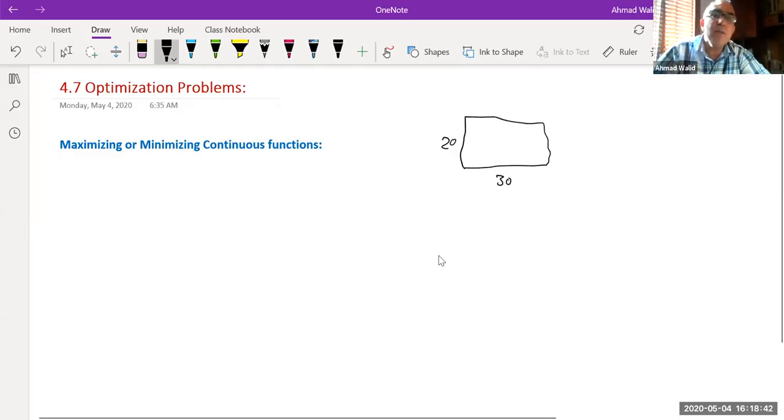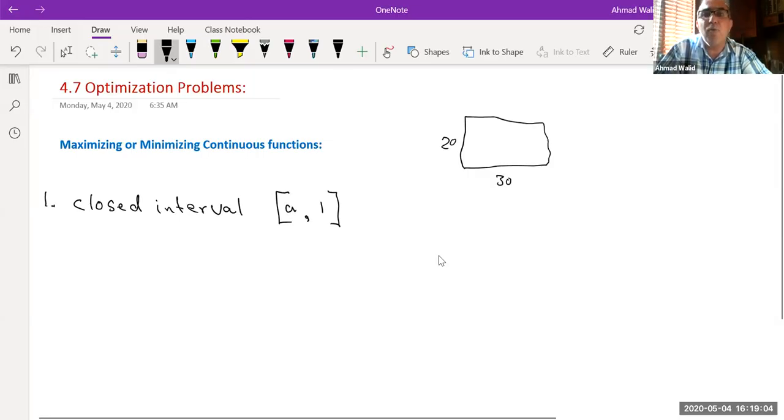Anyway, we will talk about two types of the continuous functions here. First, a continuous function on a closed interval. When I'm talking about a closed interval, it means I'll start from, for example, A and I'm going to B. And if you want to see the graph, a closed interval, if I draw a function, will be something like this, right?